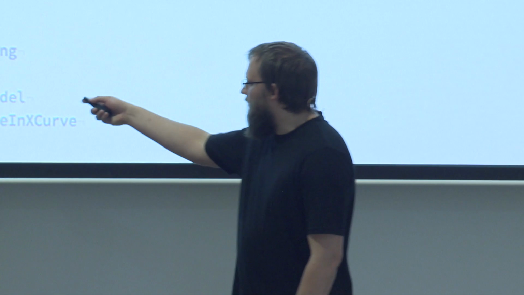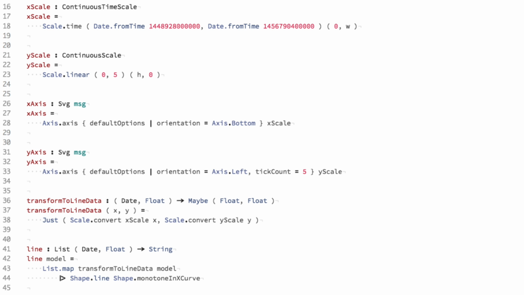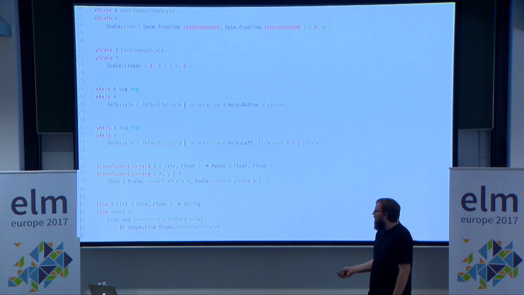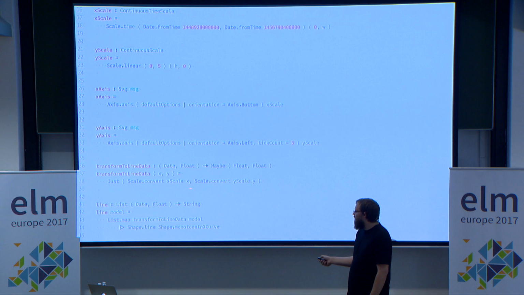And we do something very similar for the Y scale. And then the axes are just functions that take those scales, potentially some options. And then finally, we have this line thing down here that will take our data and transform it into some sort of SVG curve. And to do that, we first have to use the scales to convert it.